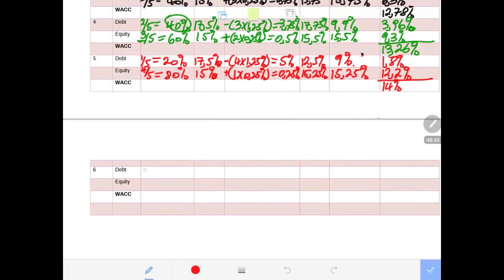If we take 0 from the loan, it does not change that the interest on the loan is still 17.5%. Therefore, it means it will be all equity. If we get all equity, the weight of equity becomes 100%. Then we still say the initial interest before any adjustments is 15.5.